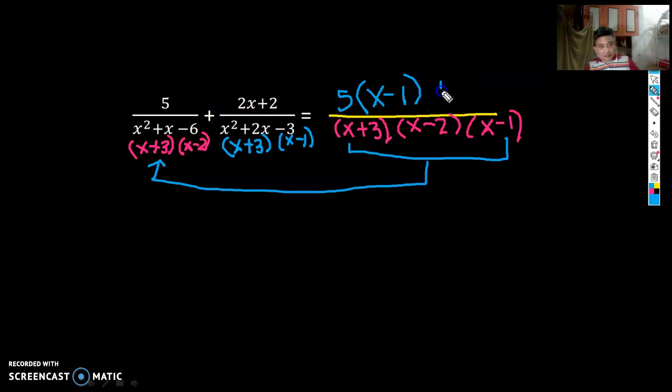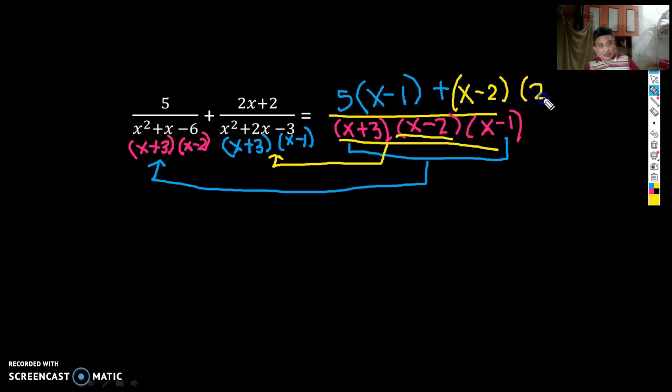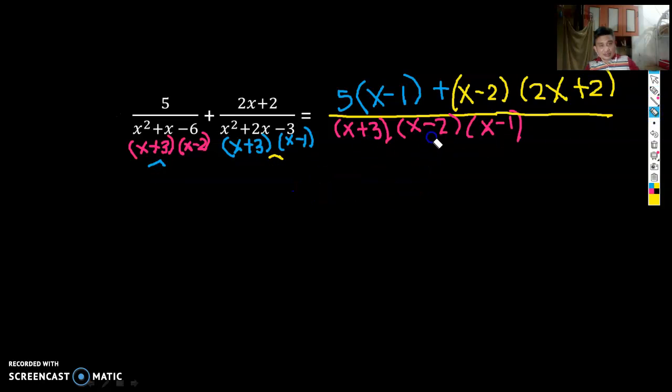Copy the plus. Then divide by the second denominator: x plus 3 and x minus 1 cancel. What remains is x minus 2, times 2x plus 2.